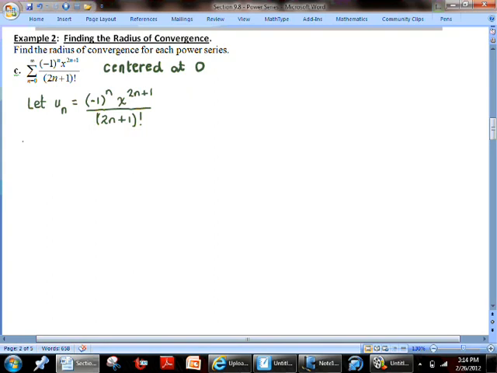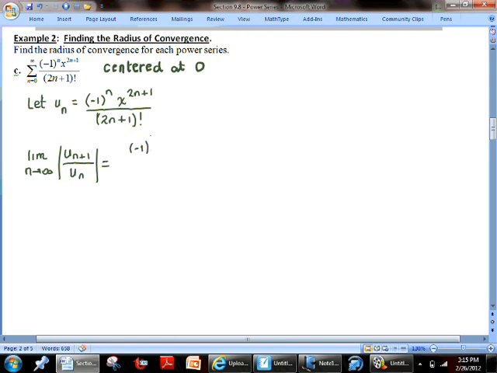That particular test, called the ratio test, says to take the limit as n approaches infinity of the absolute value of your u sub n plus 1 term divided by your u sub n. So in this particular instance, any n's that we see up here, we're going to replace them with an n plus 1.